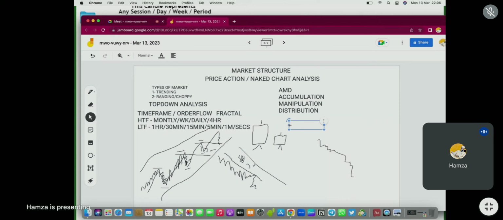Of course, keeping in mind that price action is of two types, efficient and inefficient.